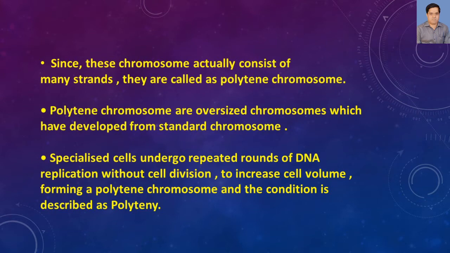The polytene chromosomes are oversized chromosomes. They are much bigger than the normal chromosome, and they have developed from the standard chromosome.